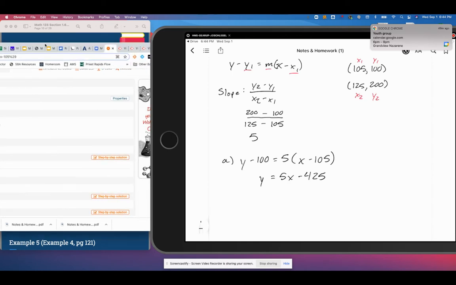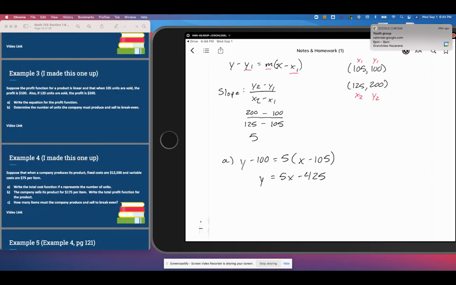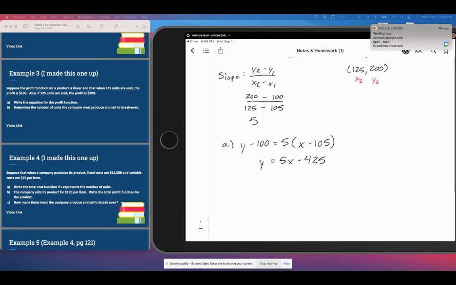So for a profit function, we get 5x minus 425. And we are asked to determine the number of units the company must produce and sell to break even. So I'm going to add to this a little bit. We're going to change y to p because this is our profit function.